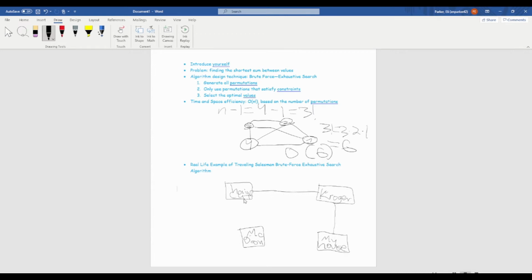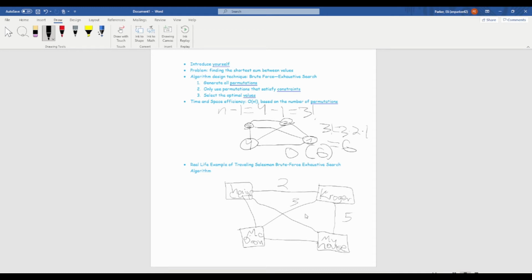So we have to know the distances between these places. We say my house to Kroger is 5 miles. Kroger to the haircut place is 2 miles. Kroger to McDonald's is 3 miles.